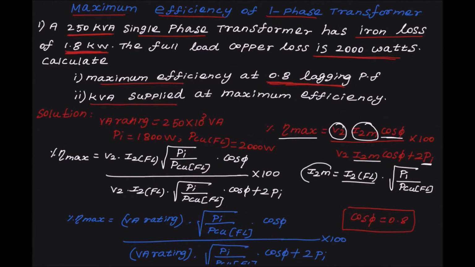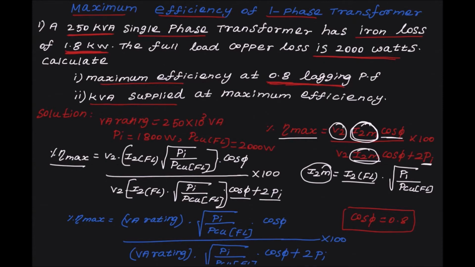So now we have to substitute the value of I2M here. We get percentage maximum efficiency equal to V2 into, instead of I2M, substitute I2 full load into root of Pi divided by P copper full load, into cos phi, divided by V2 into I2 full load into root of Pi divided by P copper full load into cos phi, plus 2 Pi, into 100.